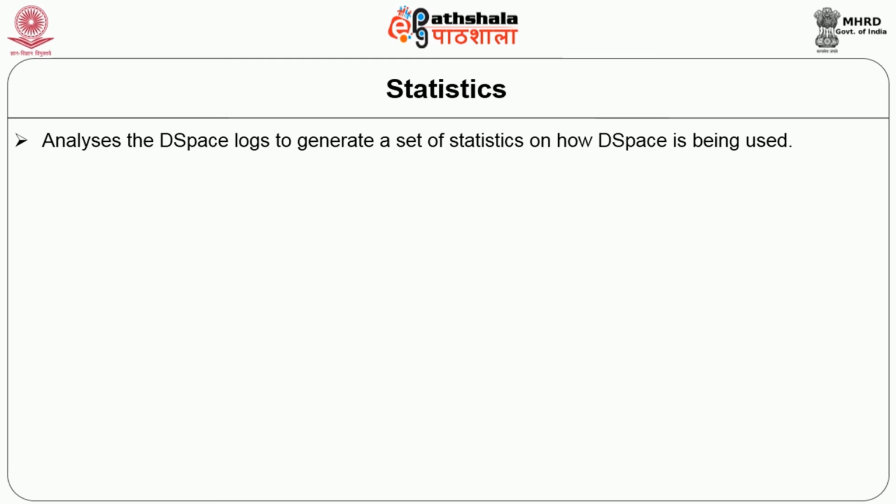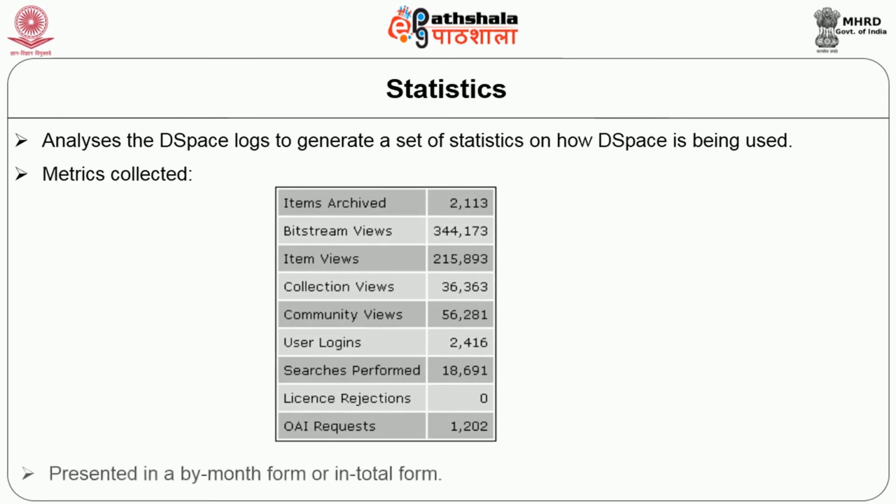So we don't know the value of the content in the digital library. That can be analyzed only by seeing how many people are viewing it. If everybody is coming to access one's content, that content is very important. So number of items archived, bitstream views, page views, collection views, community views, how many people logged in, how many searches were performed, which are the keywords, all this can be put in statistics.